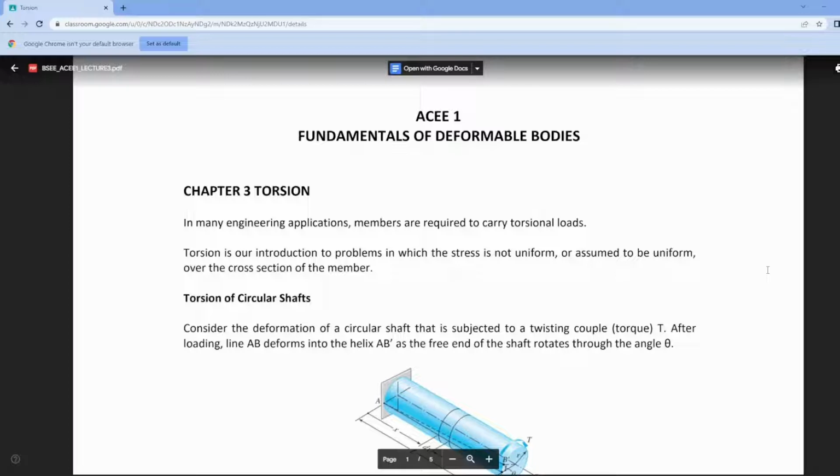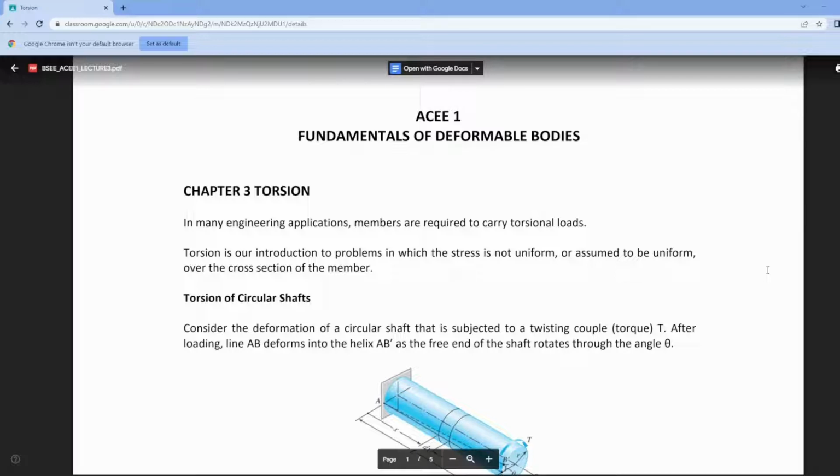We have tensile forces that pull, and you get it, the tensile force kind of elongates your body, while the compressive force shrinks your material. Here in torsion, it twists your material.